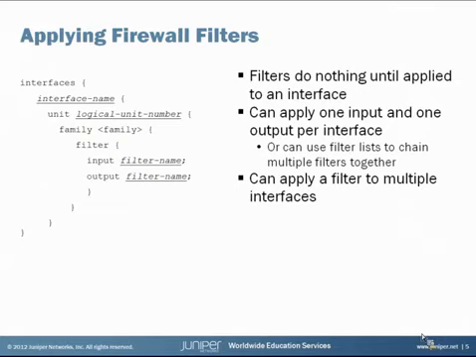You can apply one input filter and one output filter per interface, or you can use something called an input list and an output list, which lets you specify a series of input filters or a series of output filters to use as kind of a chain of filters. You can also apply a single filter to multiple interfaces.